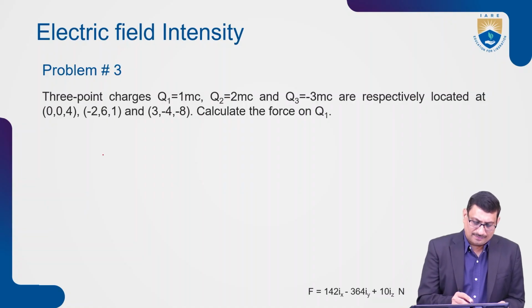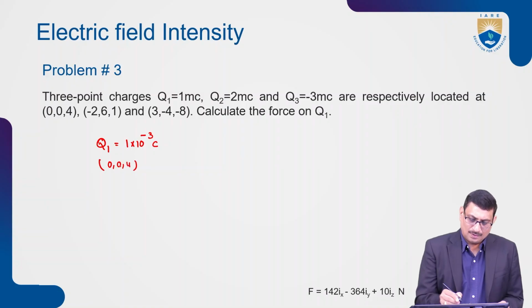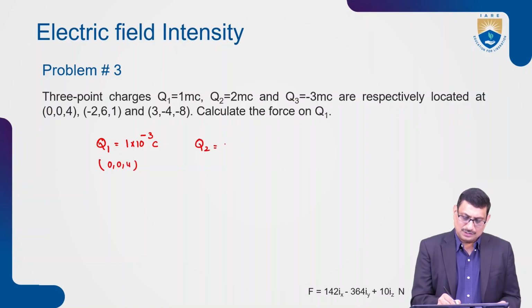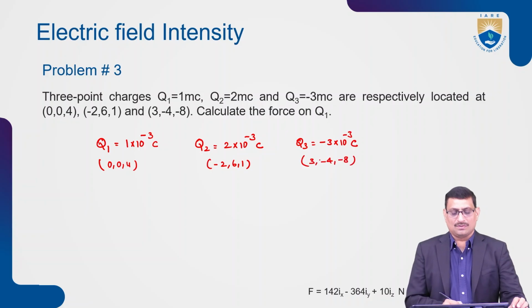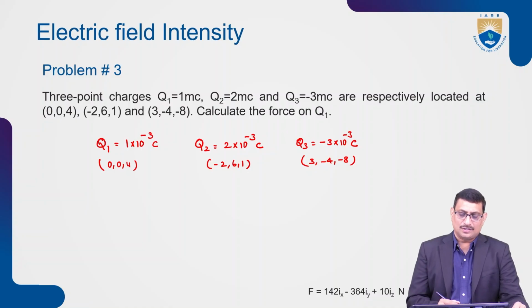Now, given Q1, which is equal to 1 millicoulomb, is located at (0, 0, 4), whereas Q2, which is 2 millicoulombs, is located at (-2, 6, 1), and Q3 of minus 3 millicoulombs is located at (3, -4, -8). And what is asked is to find the force on Q1.